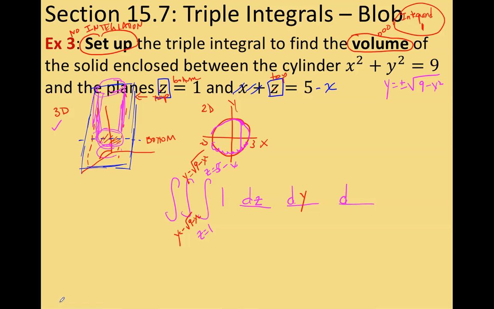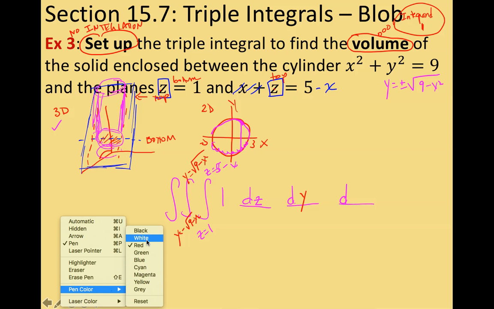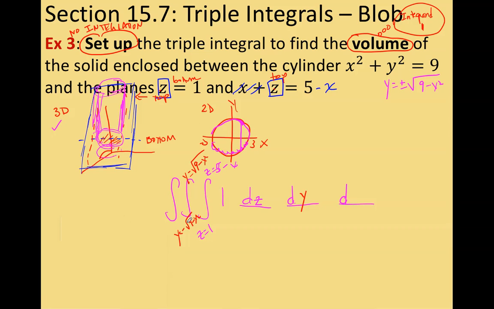And then my last one should always be constants, right? This strip goes from -3 to 3.